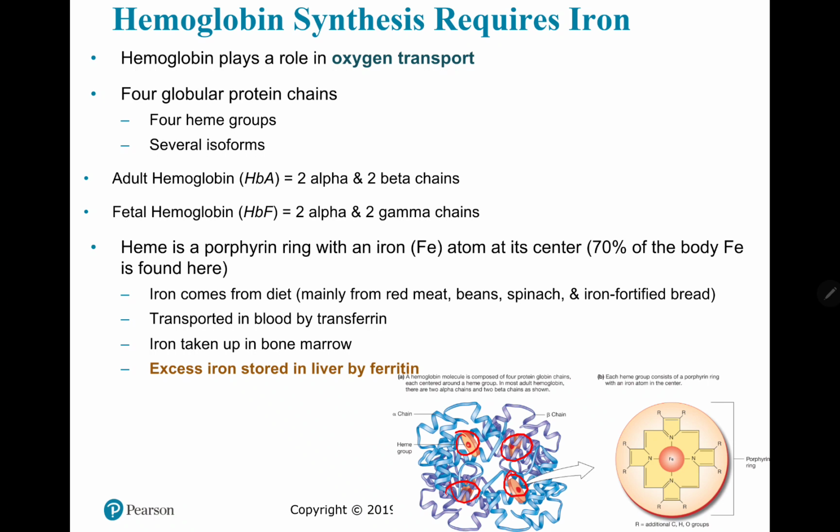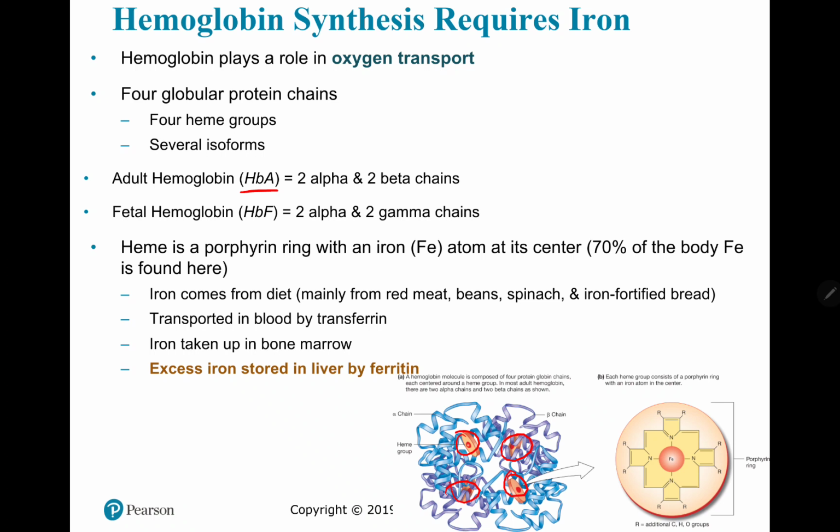The adult hemoglobin, which you see right here, has 2 alpha subunits and 2 beta subunits, so 2 alpha and 2 beta chains make up this globular protein. Fetal hemoglobin has 2 alpha and 2 gamma chains that make up their hemoglobin.